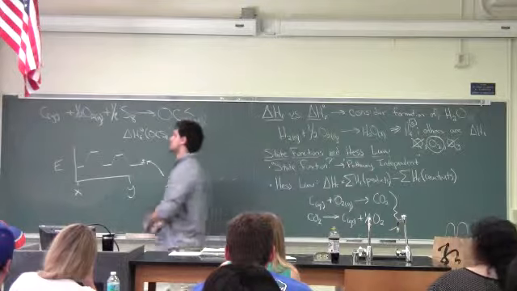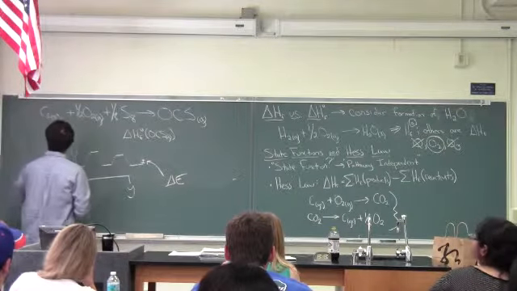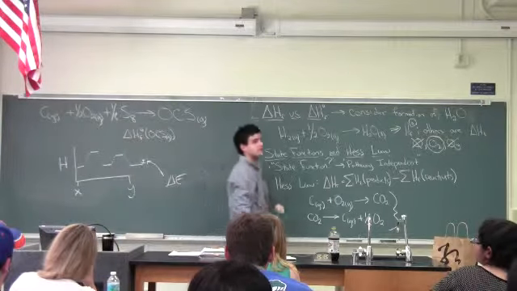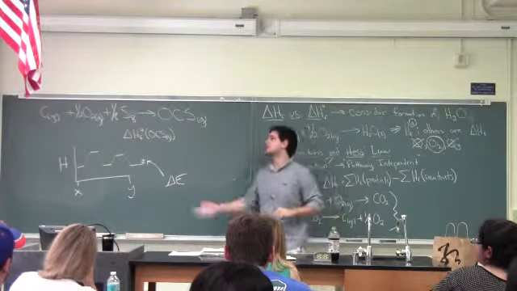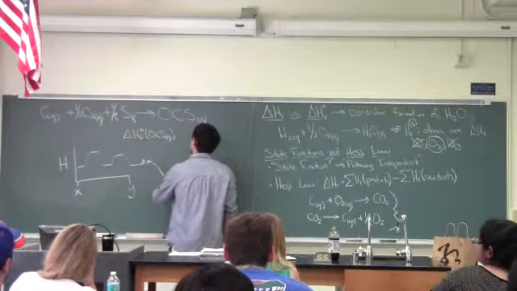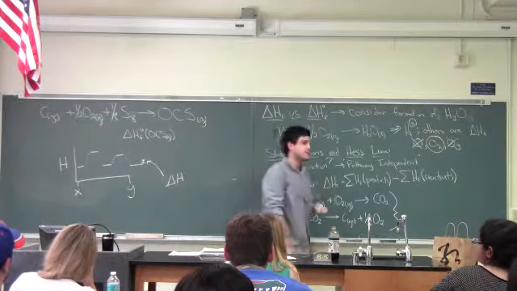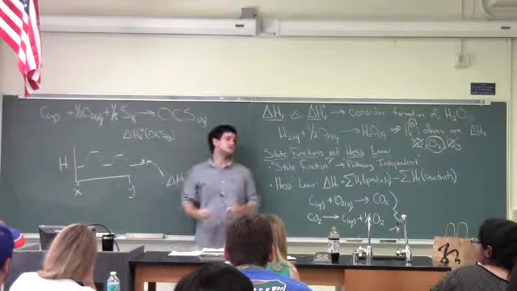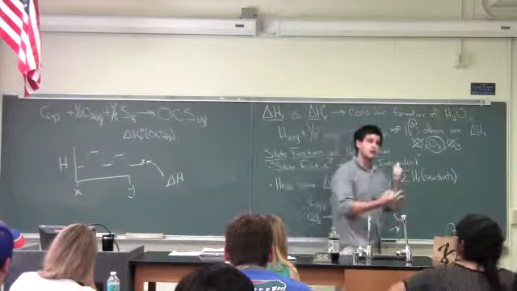If I wanted to, I can talk about enthalpy, relative enthalpy. And this would be change in enthalpy. Now, regardless of how I get from X to Y, I could use a different catalyst. I could heat it up. I could cool it down.